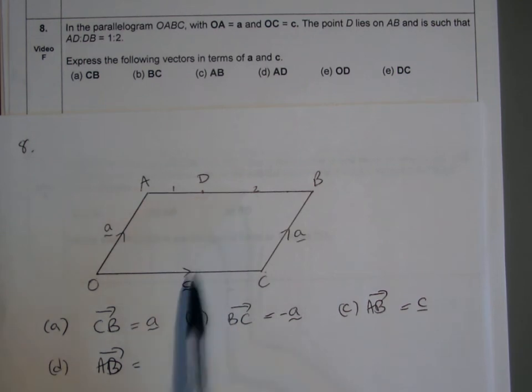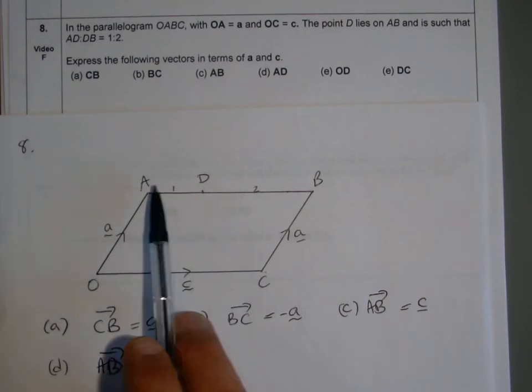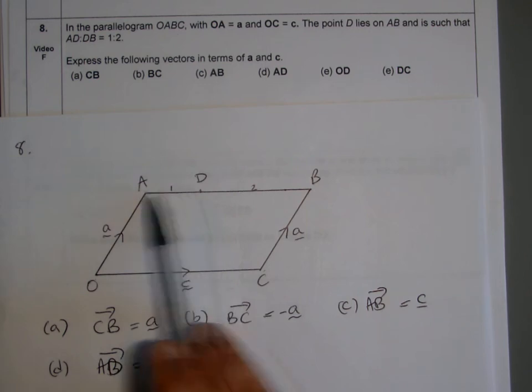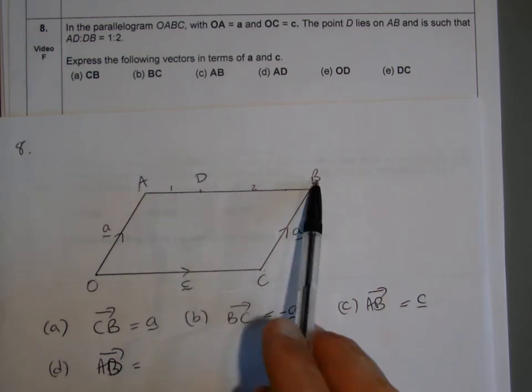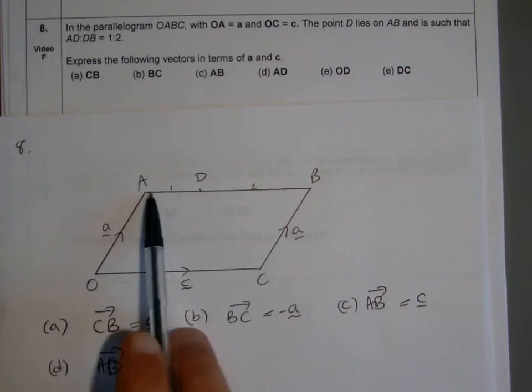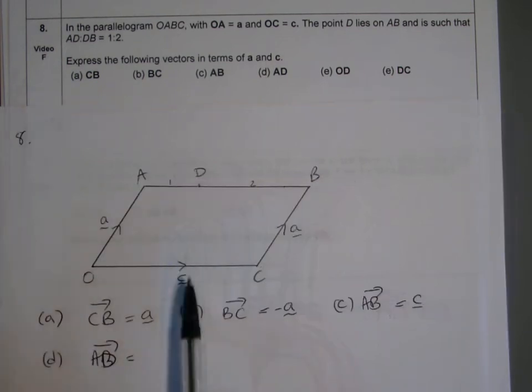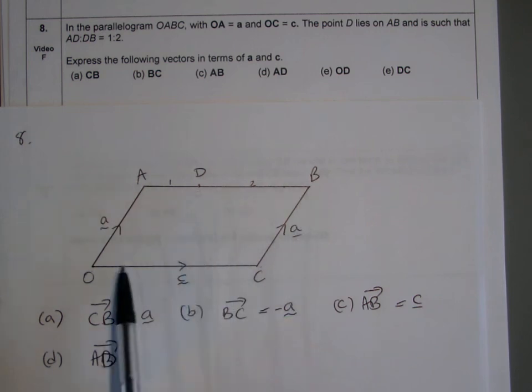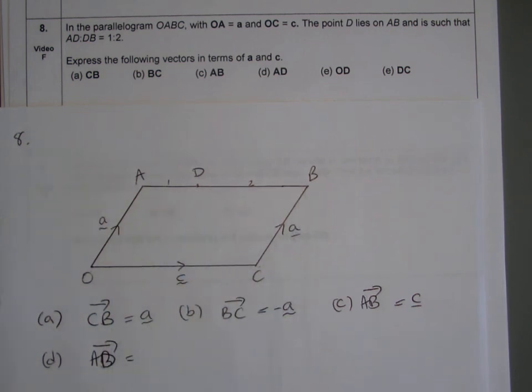So it's going to have a form of this, because it's going in that direction. The only thing is, it's not as long. Going from A to D is not as long as A to B. So it's going to be a fraction of this, because it's parallel, going in the same direction as OC, but the vector isn't as long, so it's a fraction.